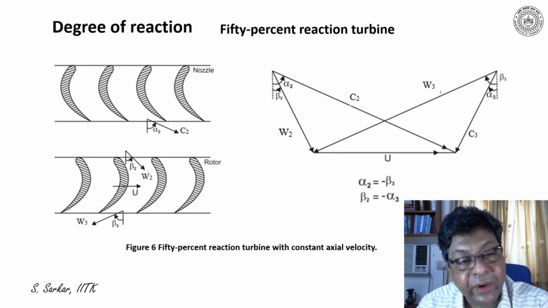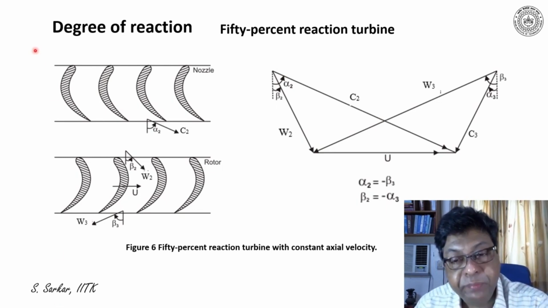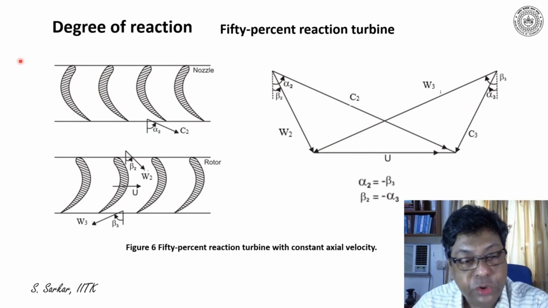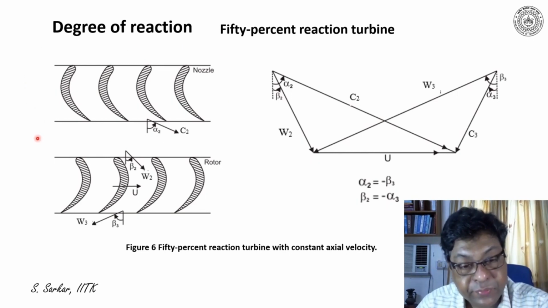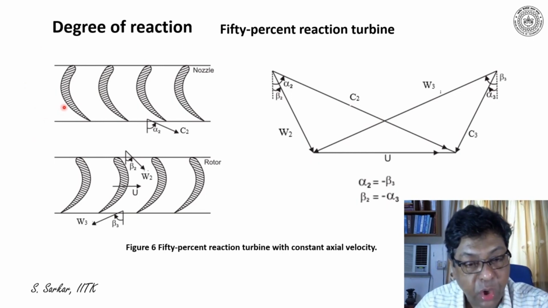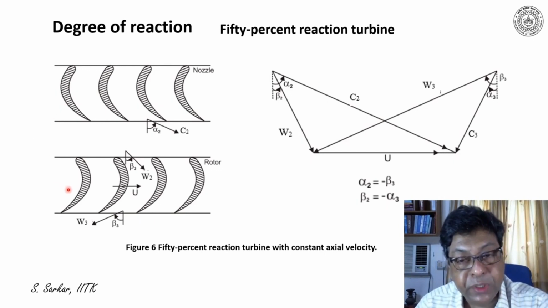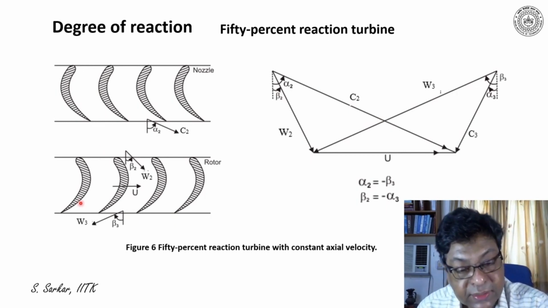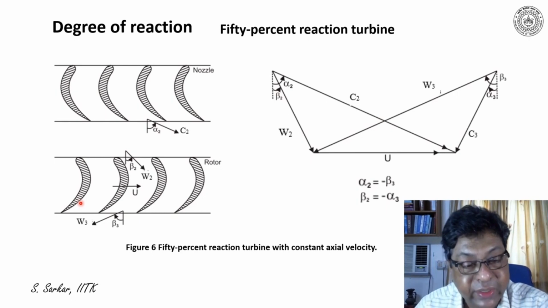I'll derive here the blade loading capacity of a 50% reaction turbine. Please note the aerofoil sections, the construction of the nozzle and that of the rotor for a 50% reaction turbine, where the blading for the nozzle are the same as for the rotor, however their orientations are different.